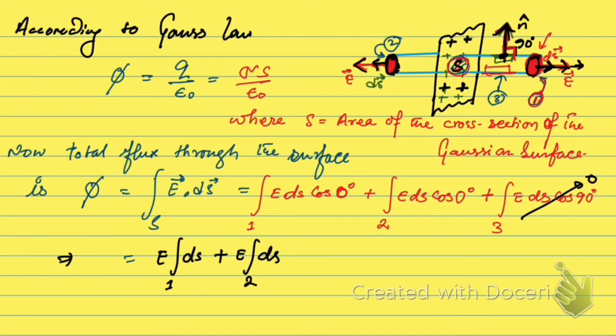So phi, according to Gauss law, is this, right? Let me use this as equation number 1: sigma S divided by epsilon naught. So here we can write using 1.